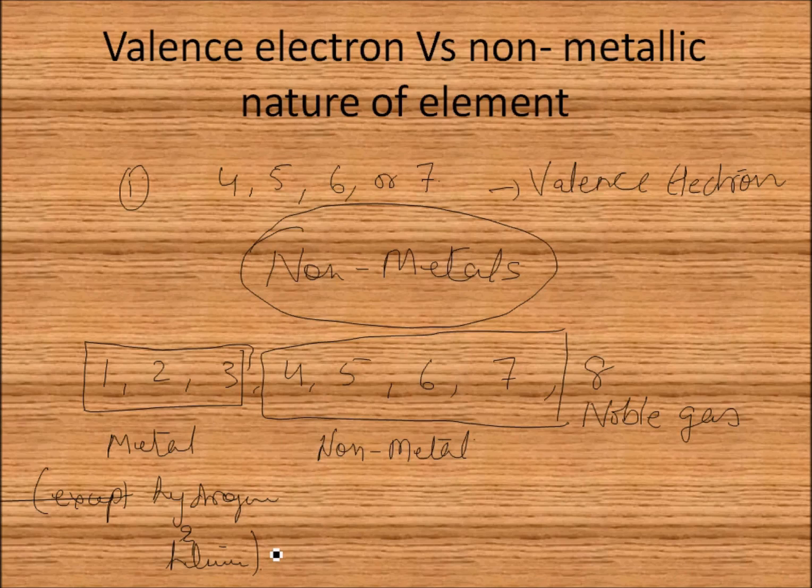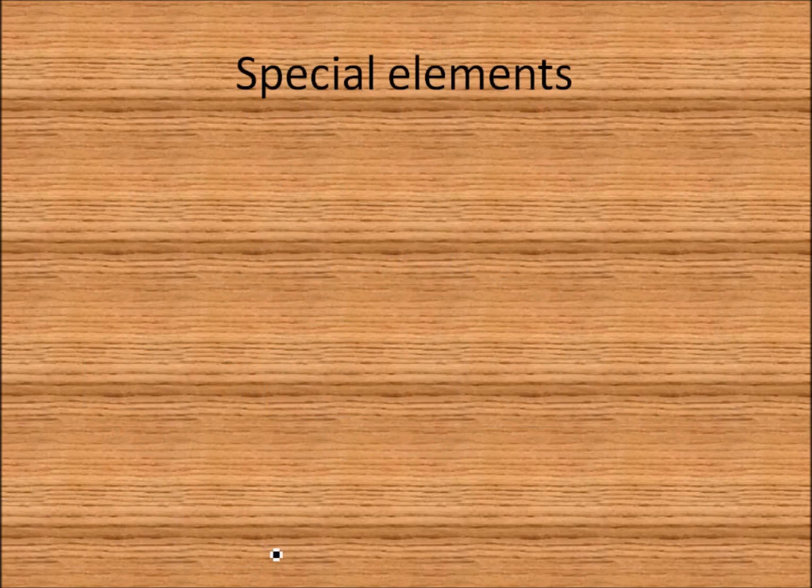So friends, let's talk about the special elements. What are these special elements? They are the inert gases, which have valence electrons 8, that is the fully filled outermost shell.